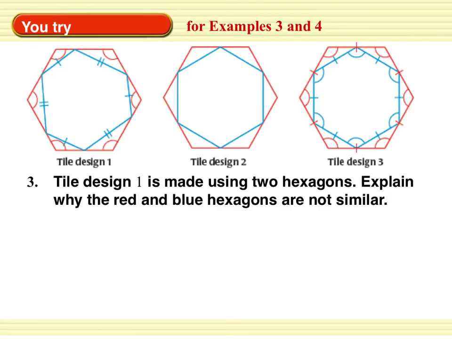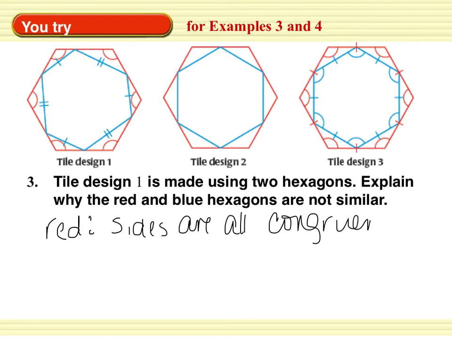So your first You Try question. The tile design 1 is made using 2 hexagons. Explain why the red and the blue hexagons are not similar. The red, the sides are all congruent. Okay, the blue, can't spell.